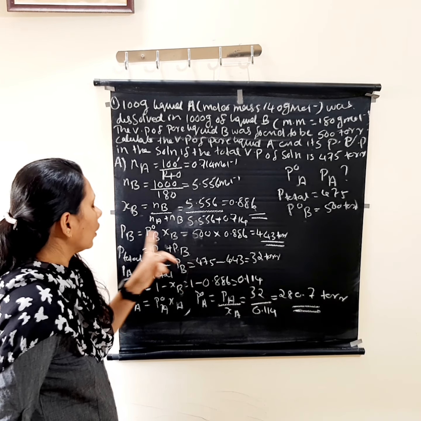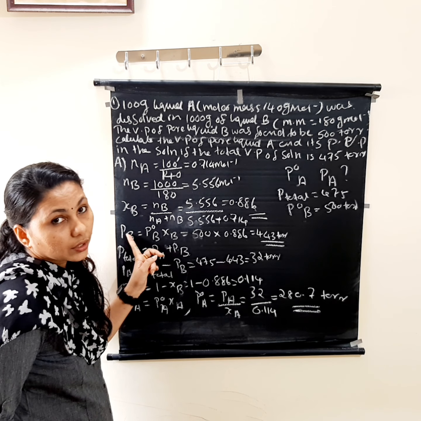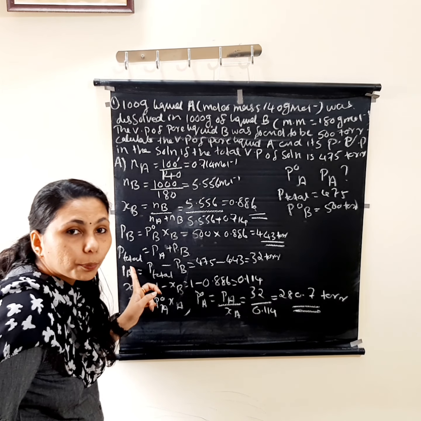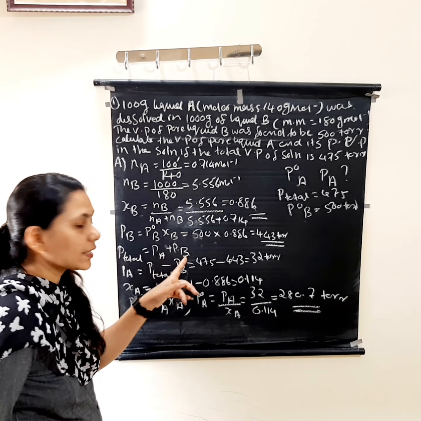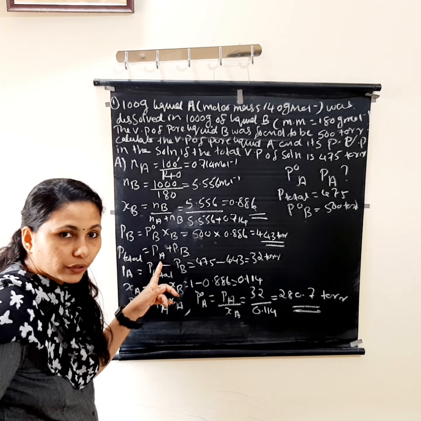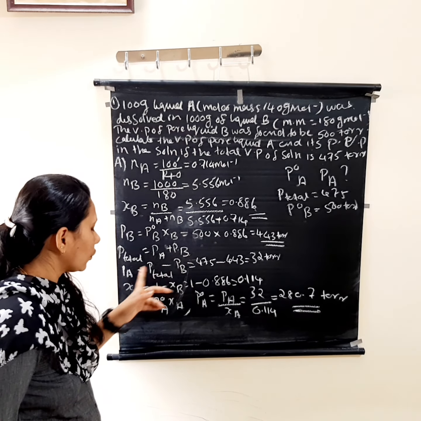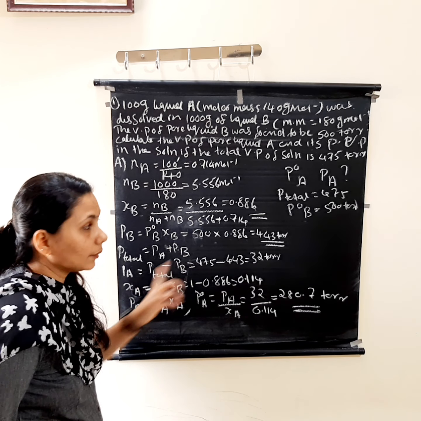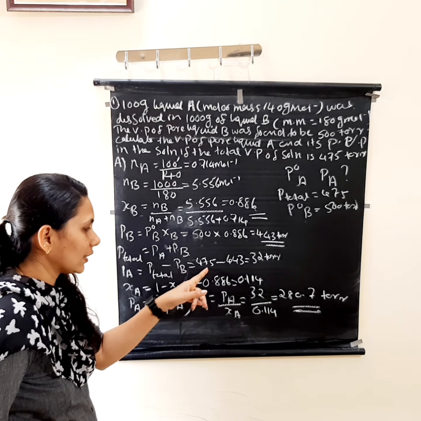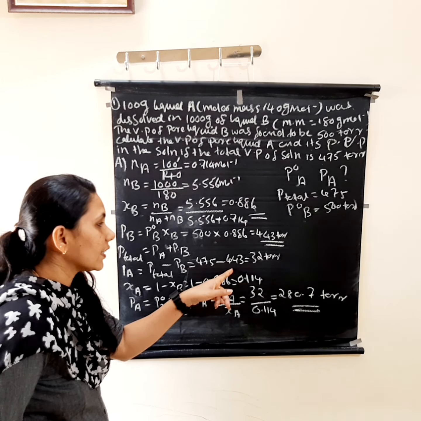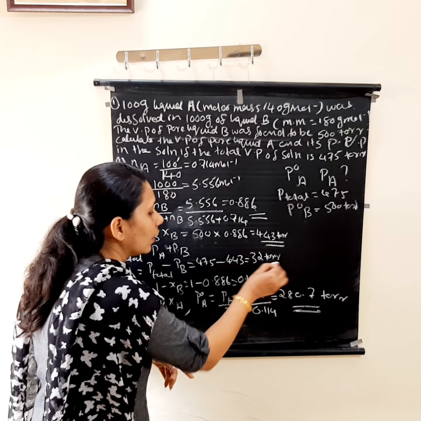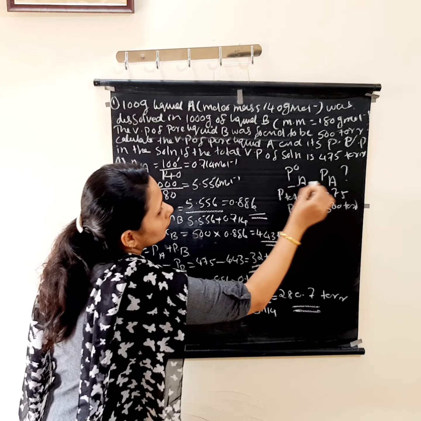That is PB, the partial pressure of liquid B. Then we know P total equal to PA plus PB, total vapor pressure equal to partial pressure of A plus partial pressure of B. So we can calculate the PA value easily. PA equal to P total minus PB. P total is given as 475 minus PB, which we just calculated as 443. So what is the answer? PA is 32. So we got PA.